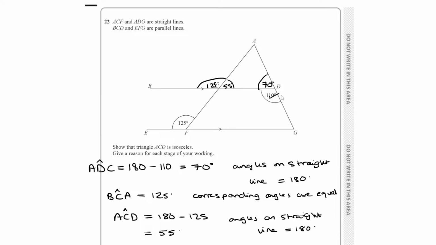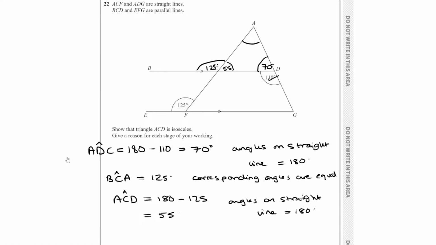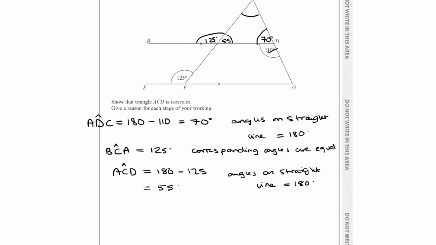So then my last thing, because I haven't shown that 2 angles are the same yet, is that I would probably just work out this angle here. Now that's just due to being angles in a triangle, isn't it? And again, angles in a triangle add up to 180 as well. So that's what's that? Angle CAD is 180 minus the other 2. So minus the 55 and the, what was it, 70?